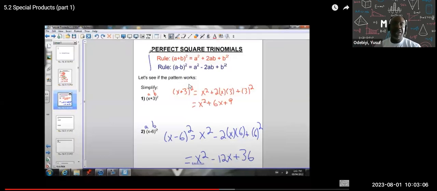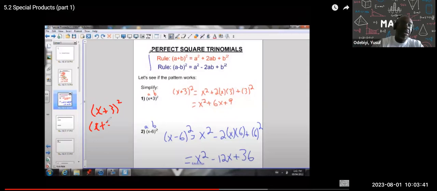If I have x plus 3 and it's squared, that's the same thing as saying x plus 3 times x plus 3.